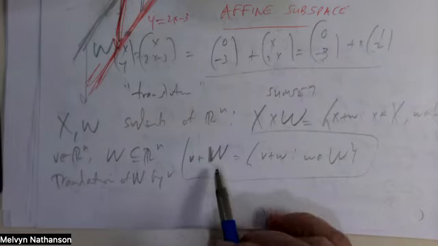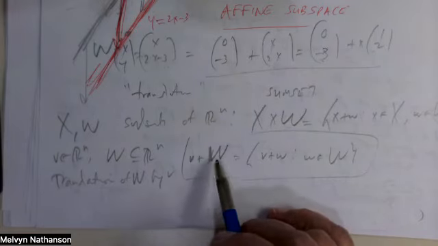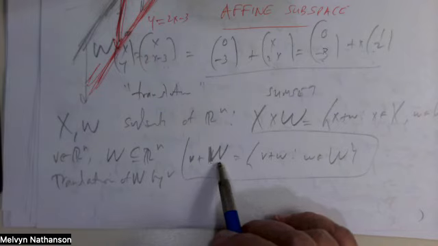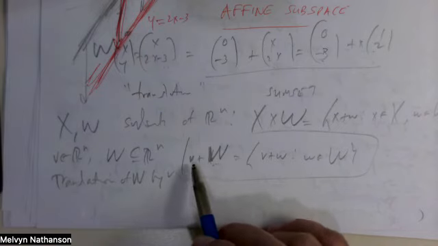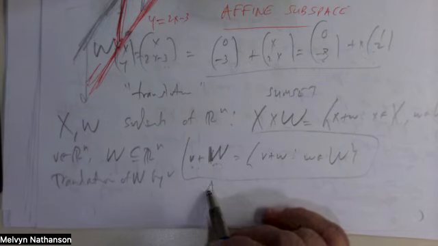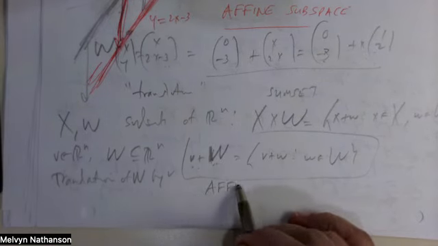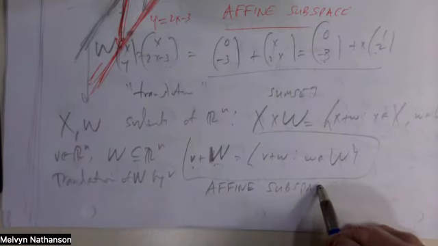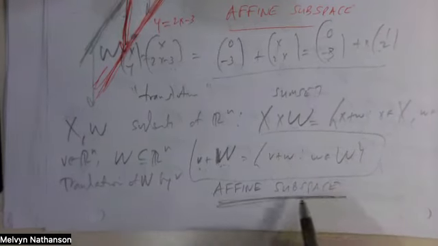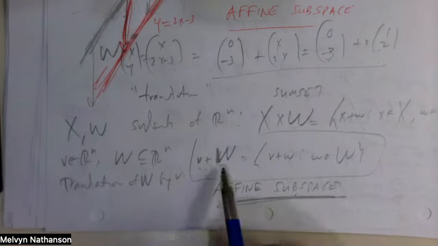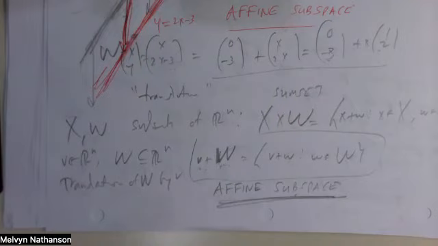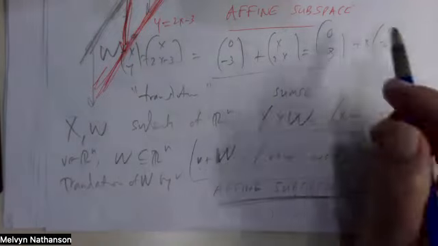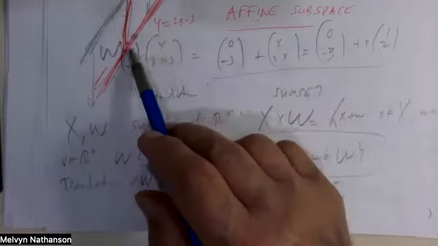And if you take W as a subspace, and you translate it by a vector V, that is what is called an affine subspace. So an affine subspace is the translation of a subspace by a vector V. And so this is an affine subspace.